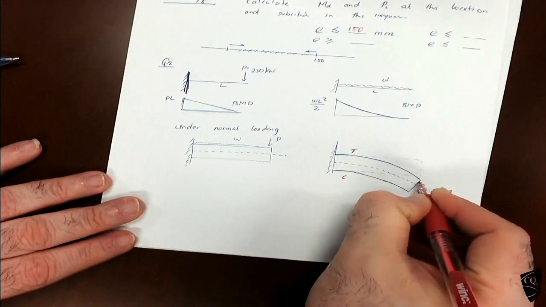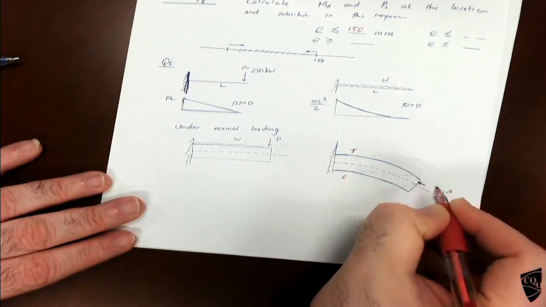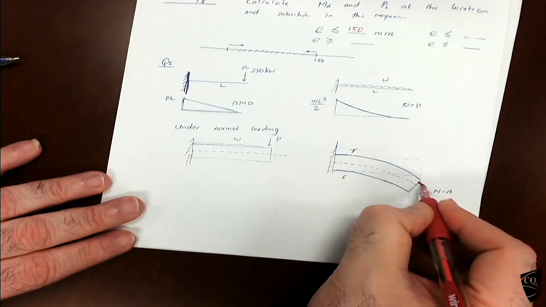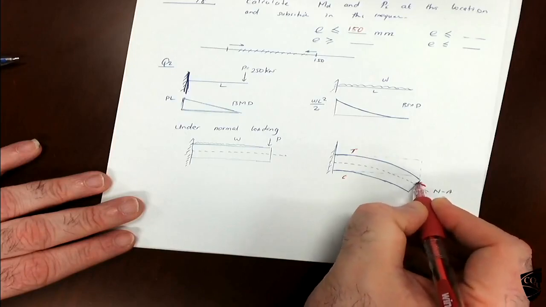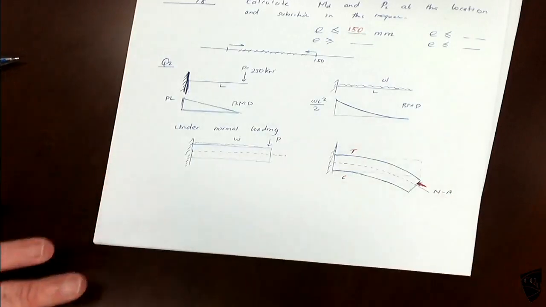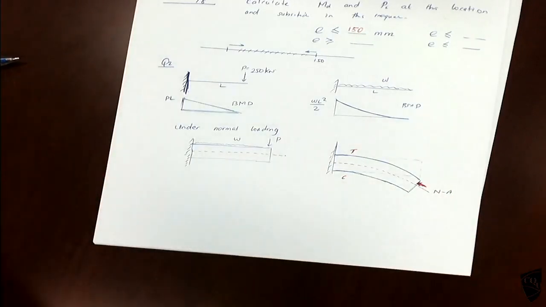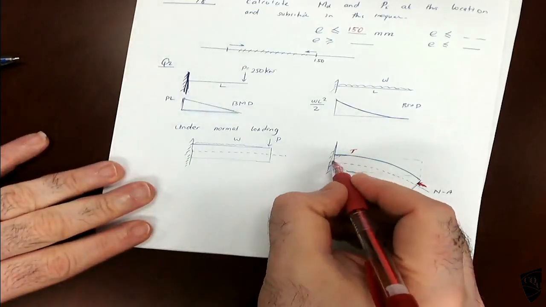So we need to apply a compressive force on the tension side. Yeah, so it will be on the top. So your cable will be in that zone.